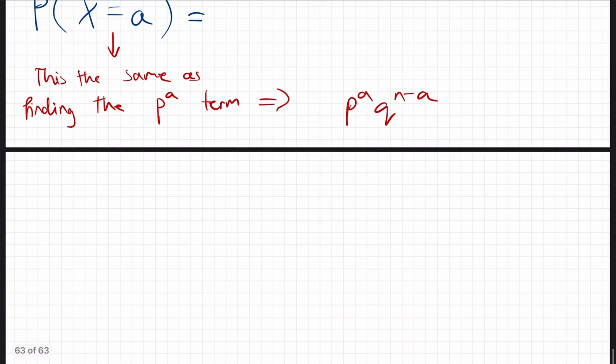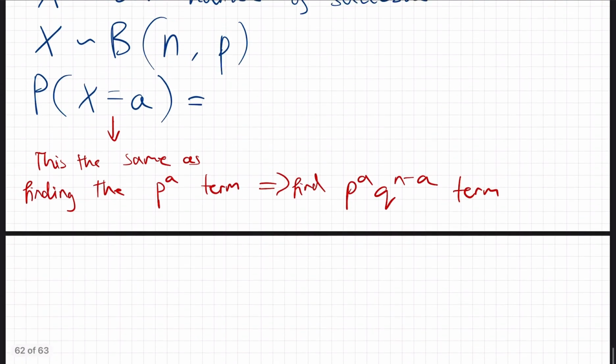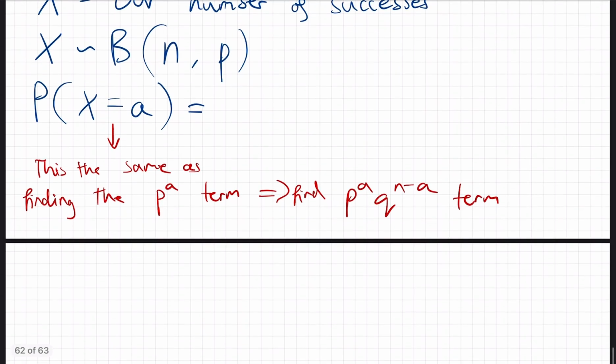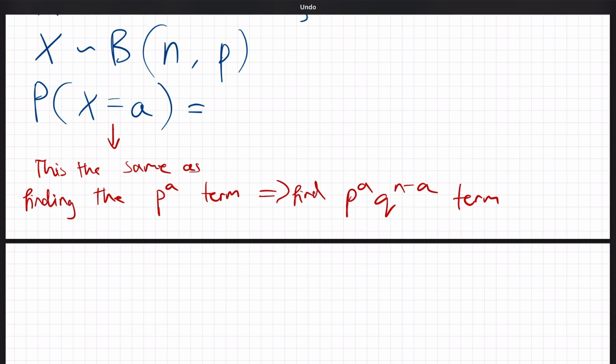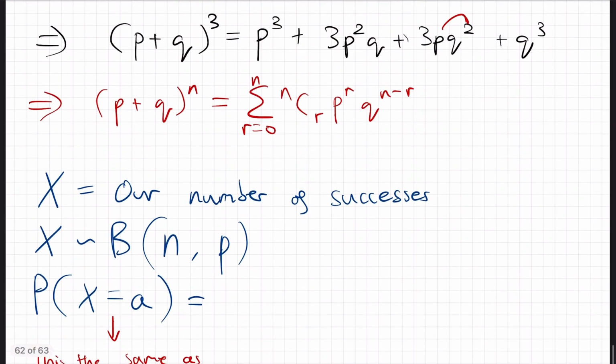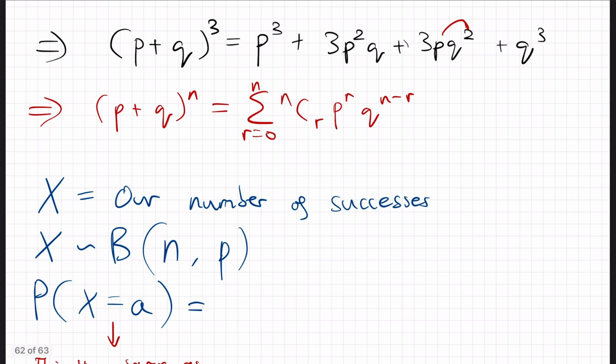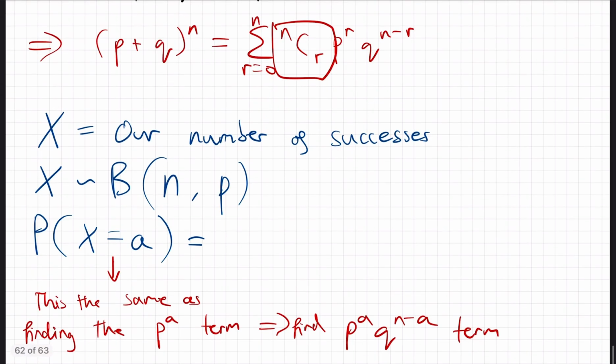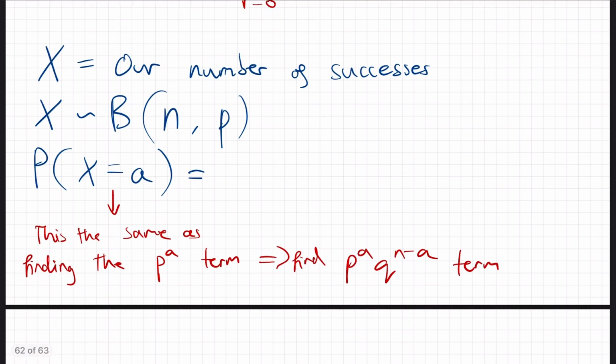So that is find this term, and then it's just going to come with its own coefficient, and that's the coefficient which really matters, because you can always work the rest out quickly. And that's given by this nCr term over here. So hopefully that makes sense why we have the original nCr term.